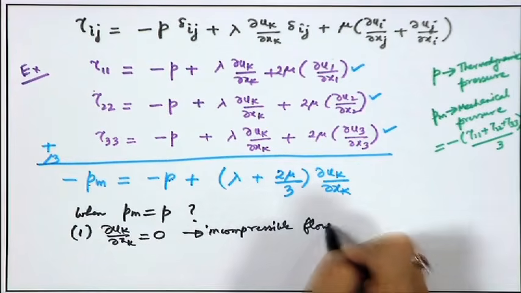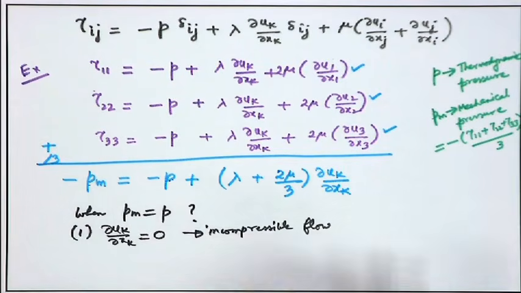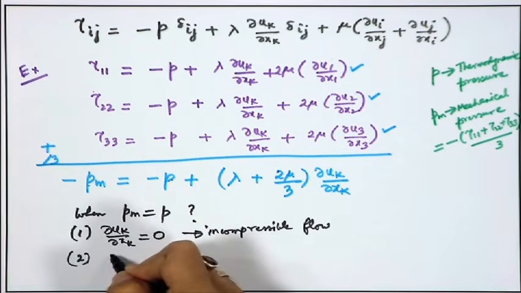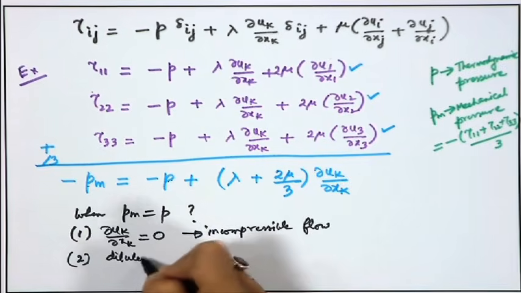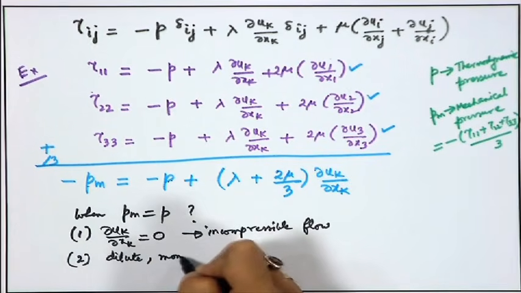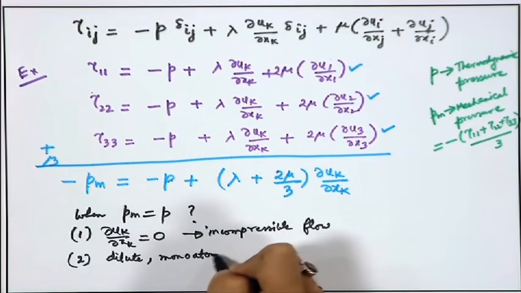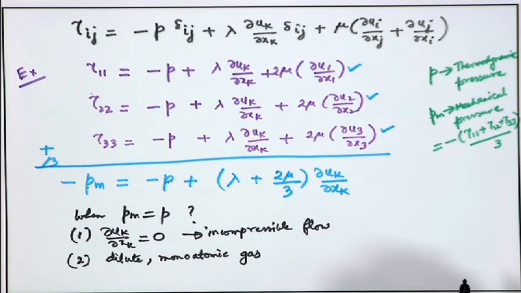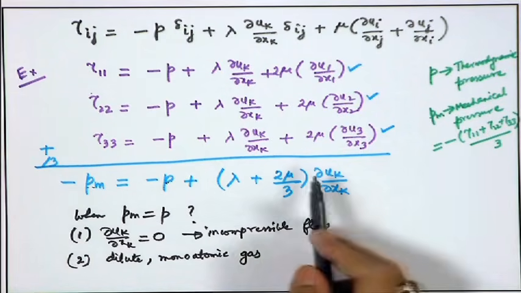So, for incompressible flow, Pm and P are identically equal. The second possible scenario is dilute monoatomic gas. So, for dilute monoatomic gas, you have only translational degree of freedom and no other degrees of freedom, and therefore, they are identically equal, this term will be 0.